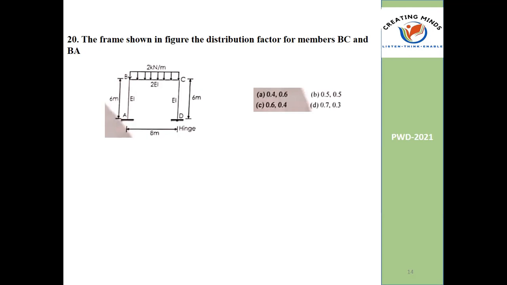What is the distribution factor for the members BA and BC? Any answers? 0.4 and 0.6. All of you are getting the same answer? Please check. 0.4 and 0.6.